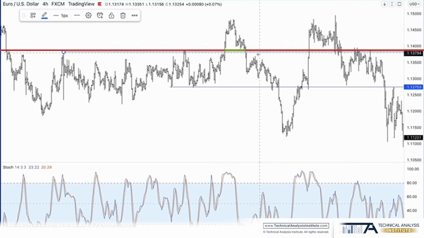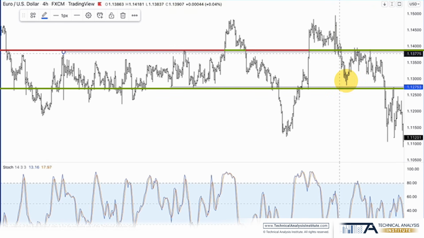And when prices penetrated and tried to go back up, again they found resistance in that area. And you can see that that happened not only as resistance, but also as support.